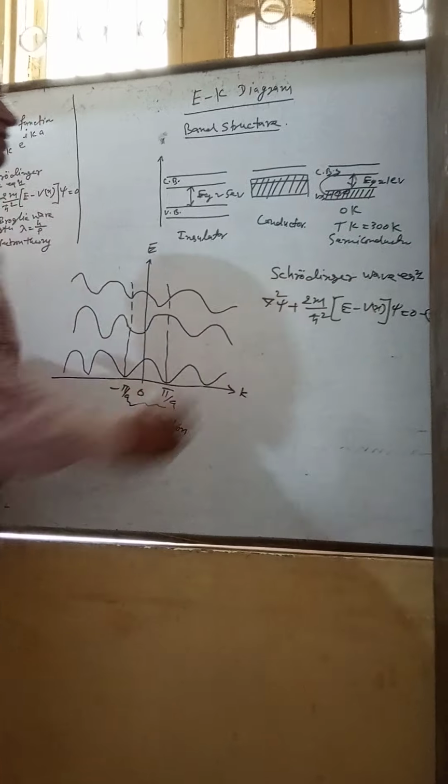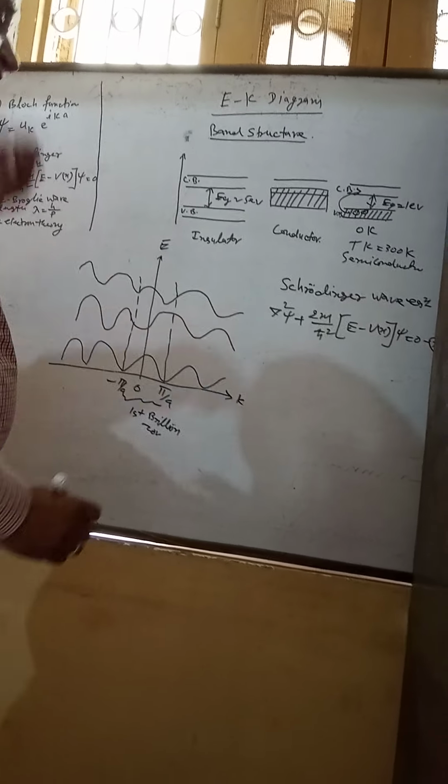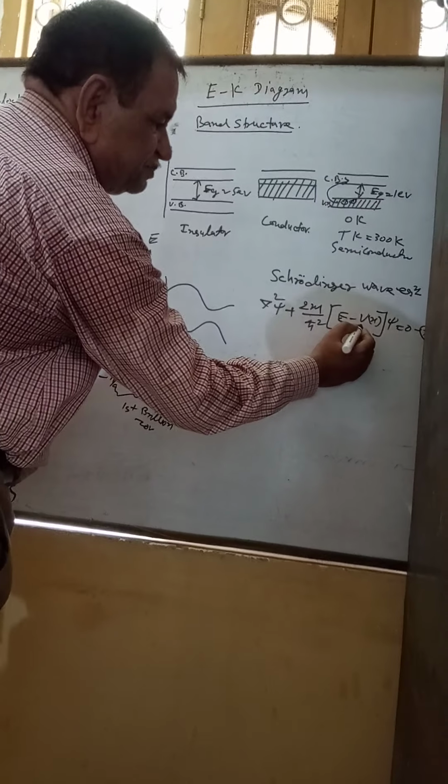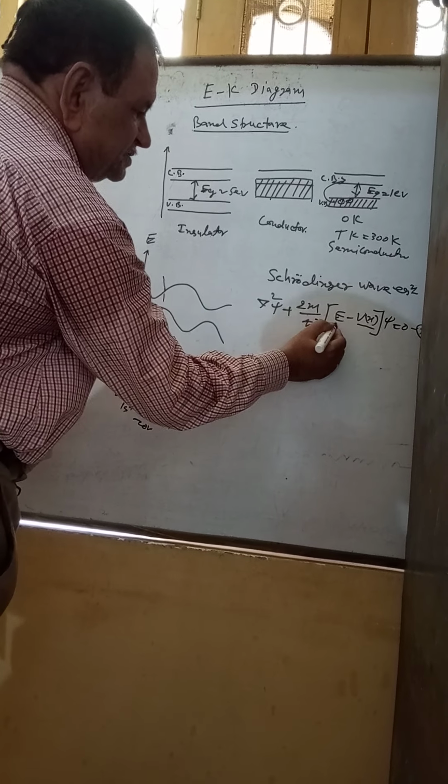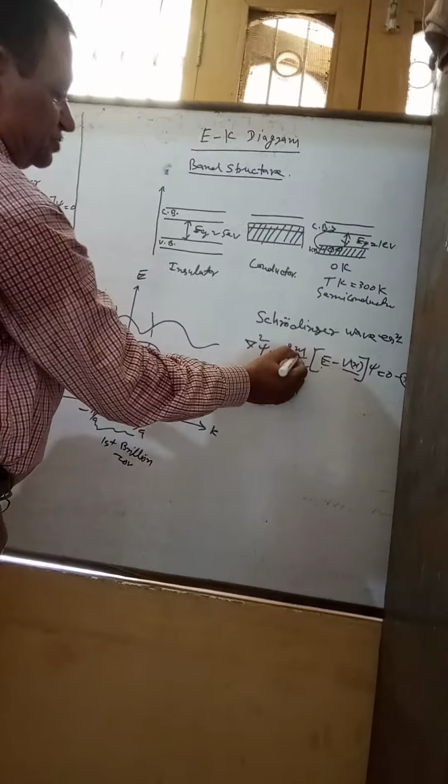Here V is the potential, E is the energy, and m is the mass of the electron.